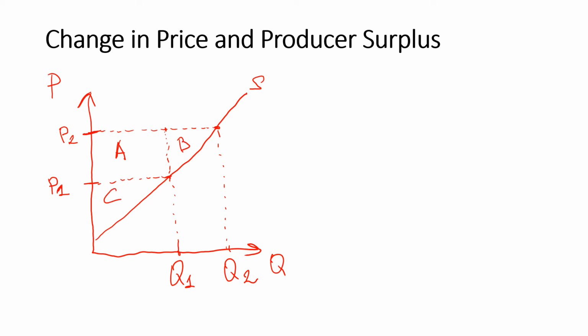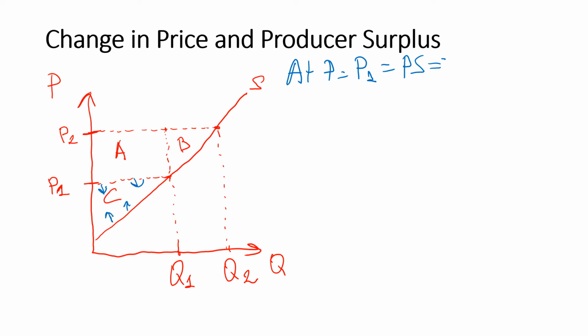So what we want to know is, at different price levels, what is our producer surplus. At price equal to P1, our producer surplus is equal to what area? Remember, producer surplus is everything that is below the price and above the supply curve.